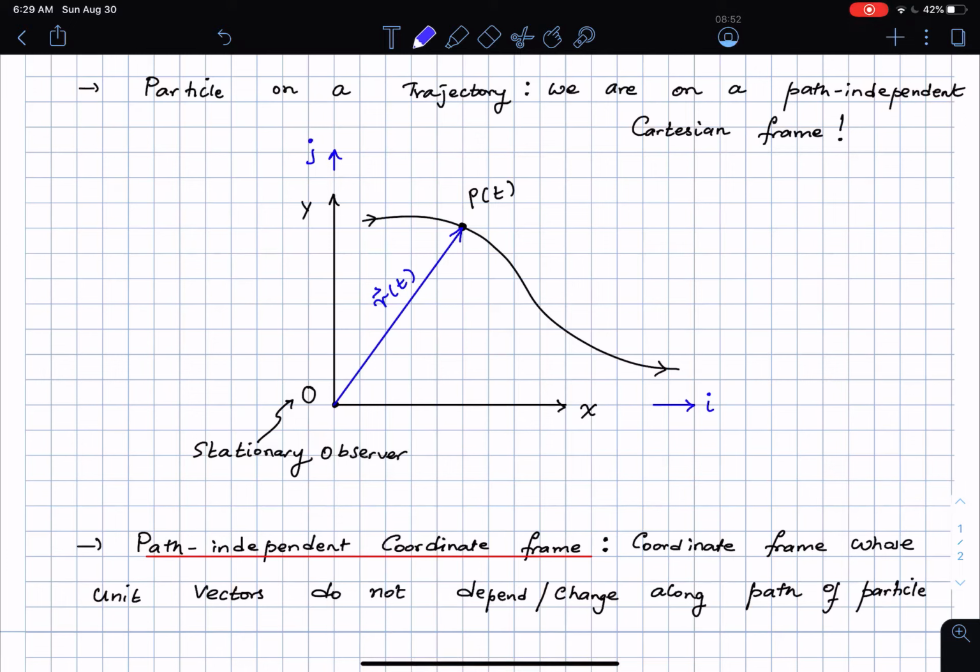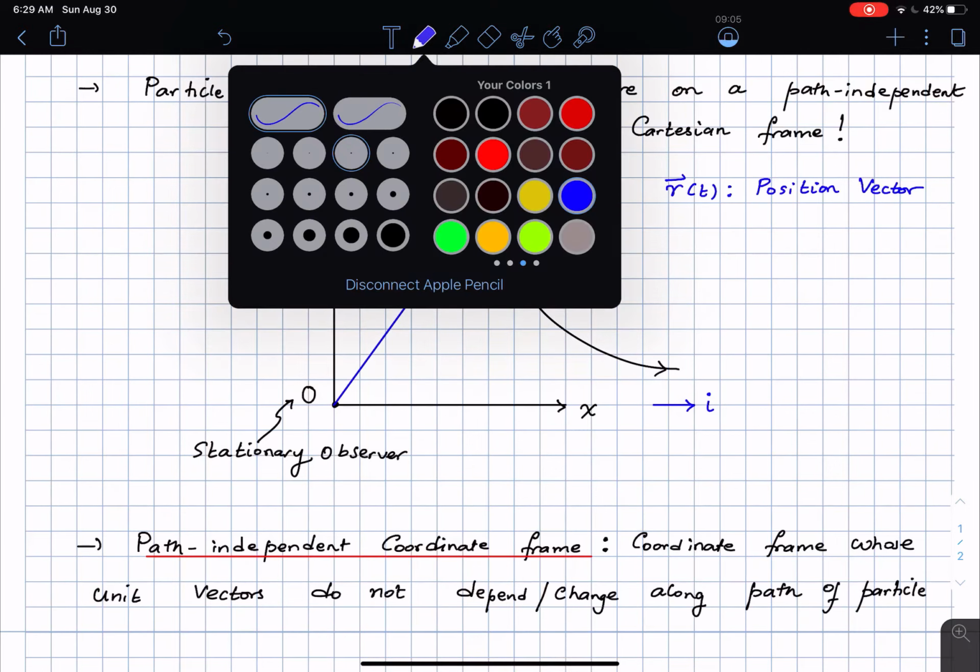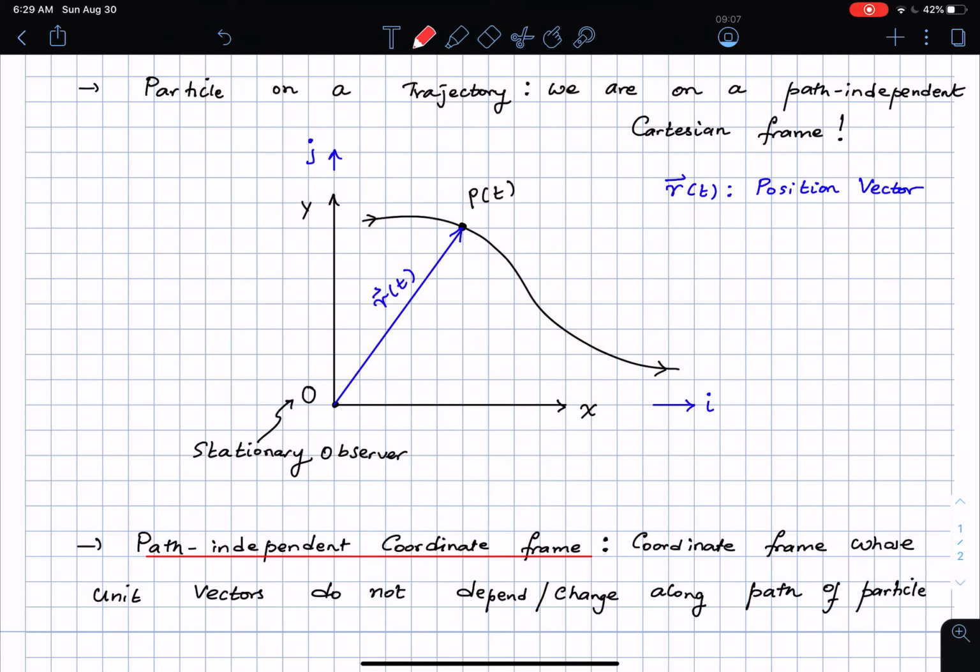Then the velocity vector at the same point is tangential to the path of the particle, so the velocity vector is going to be drawn in that particular manner, tangent to the path at that point. This is v of t, the velocity vector.